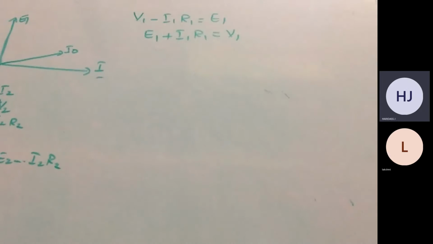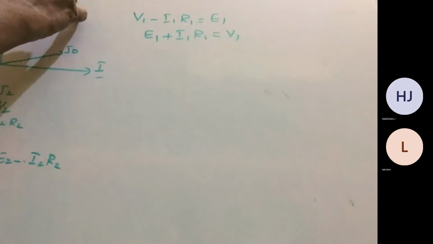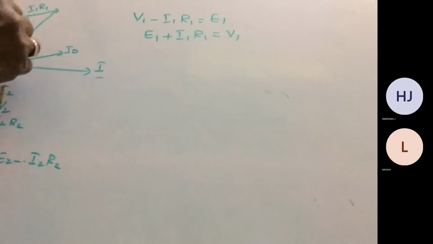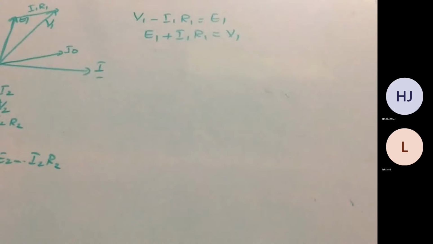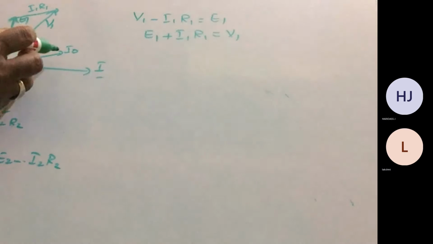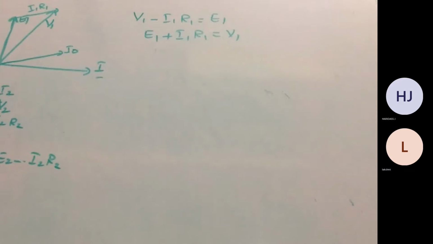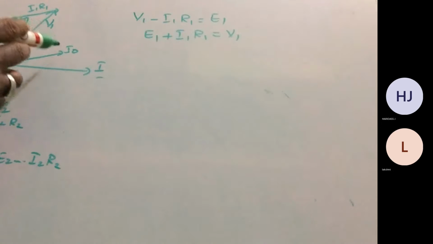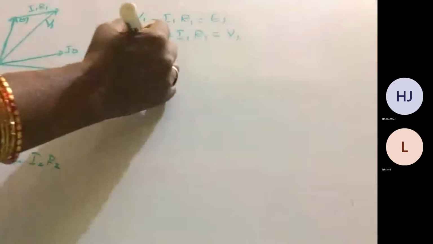Okay. So the direction of I0, you have to draw in the same direction. So that will be I1 R1. So E1 plus I1 R1 gives V1. Okay. Now we have taken I0, and we have to draw I1. How do we draw I1?